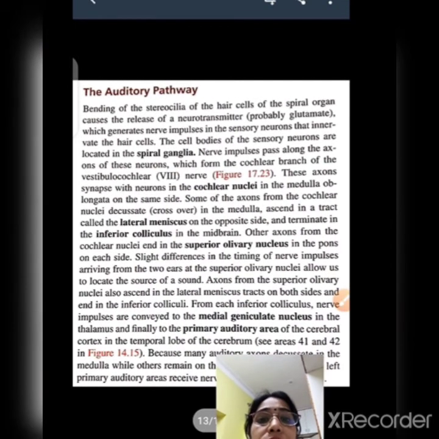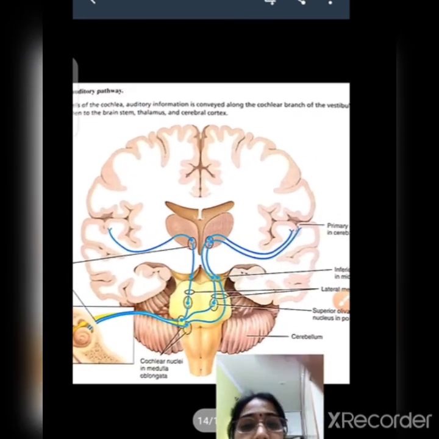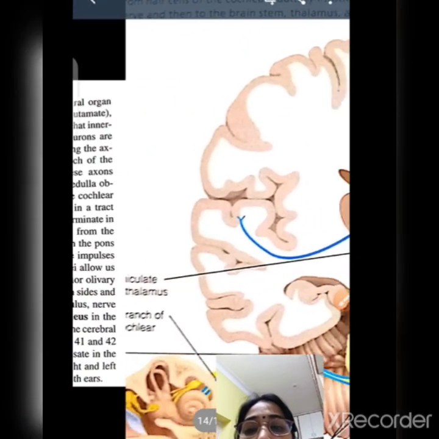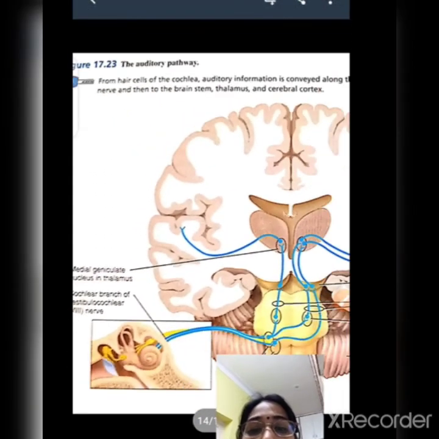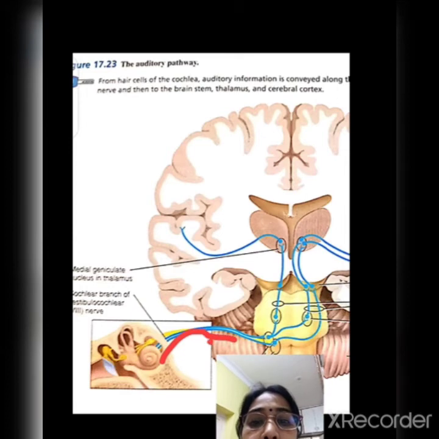So this is basically the auditory pathway: from where the sound waves are coming, and how it takes these sound waves to the primary auditory area of the cerebral cortex. So you can see in this, from the internal ear, the nerve is taken from this vestibulocochlear nerve.